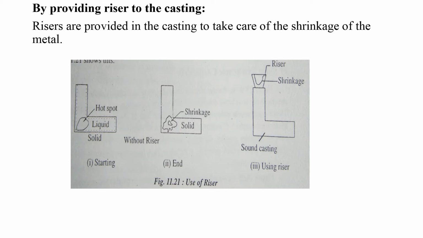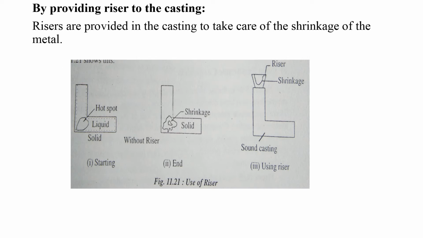Once the liquid metal fills up to the riser, that indicates that the cavity of the mold box is completely filled. The second, very important function of the riser: at the time of solidification, a small quantity of the molten metal shrinks. At that time, the small amount of molten metal required by the component is supplied from the riser to the cavity.